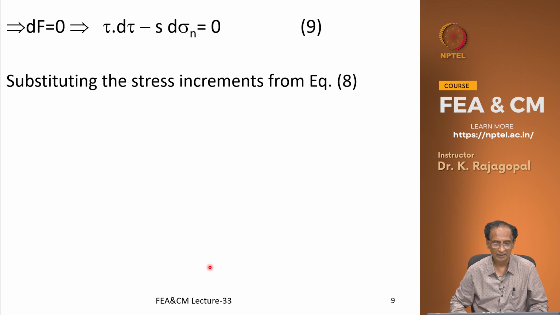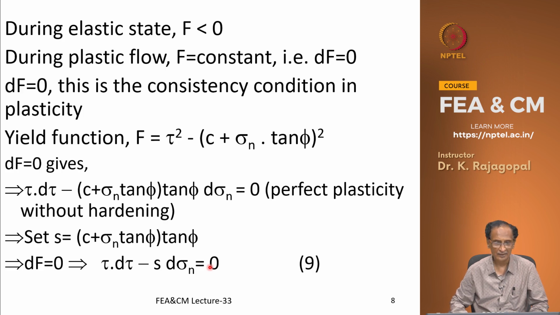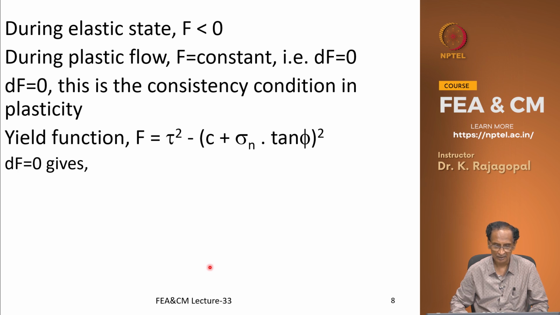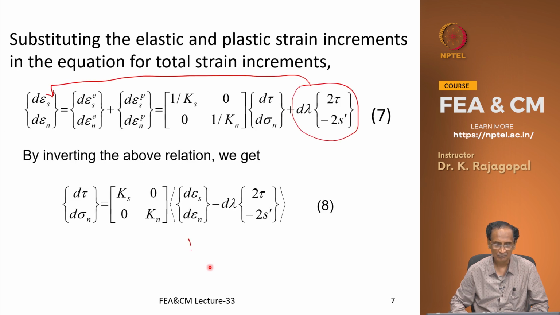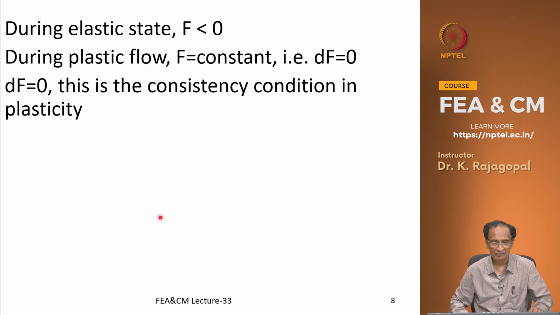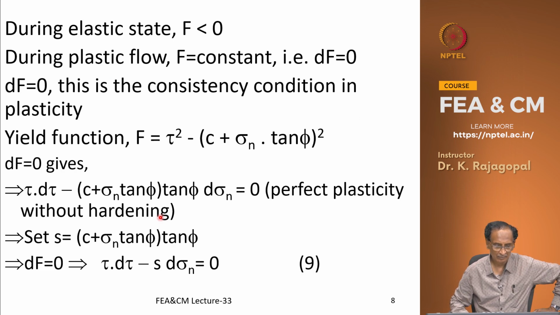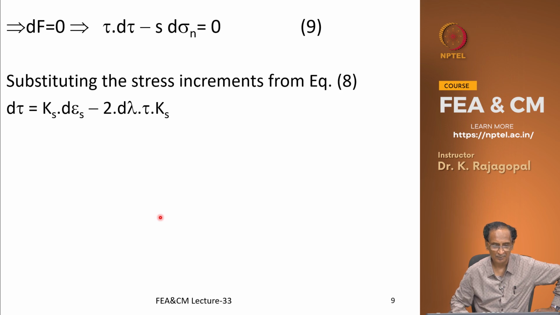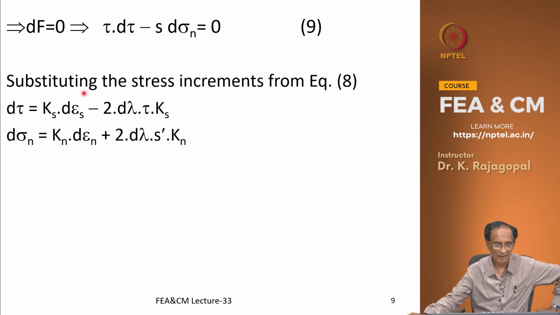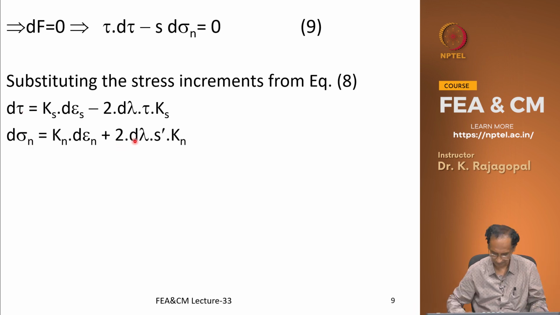And our d tau and d sigma n we can get from equation 8. So, if you look at our previous equation 8, we have d tau and d sigma n in terms of the other quantities, and we can substitute them in this equation 9, and d tau and d sigma n from equation 8 are this.